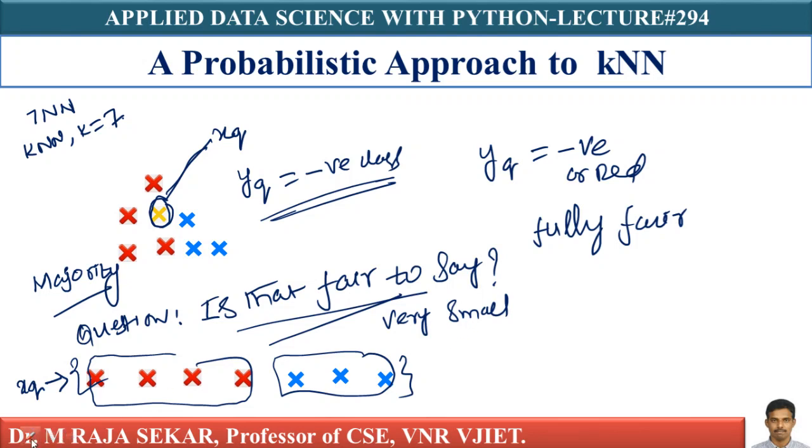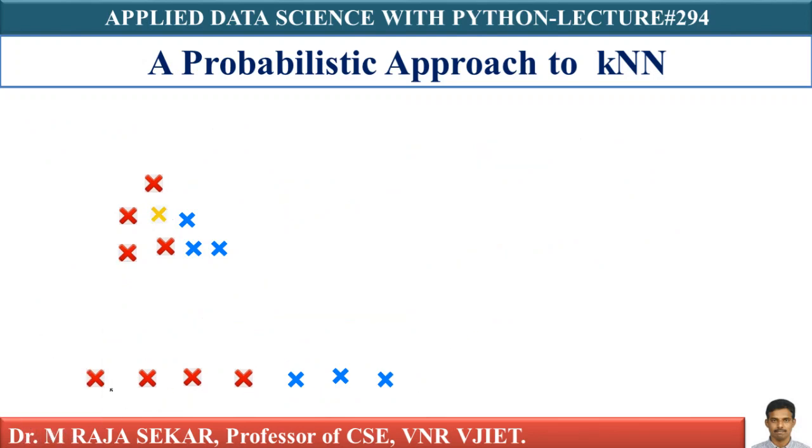Let me repeat. Let me give another motivation why the probabilistic approach is better. Imagine I have 7 points. Just observe this one. How many points are there? There are 7 red points and 1 query point.